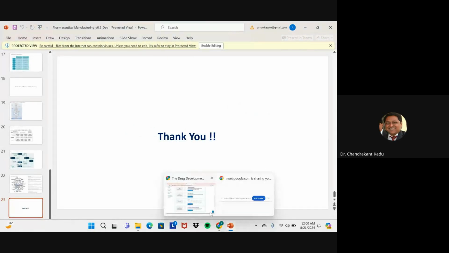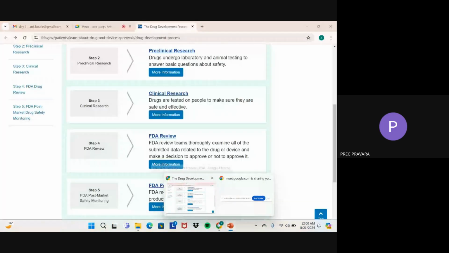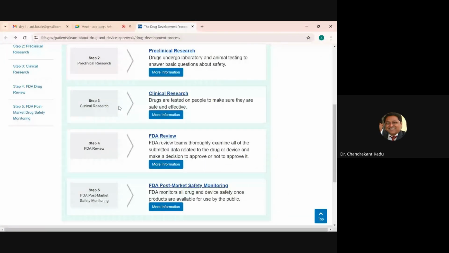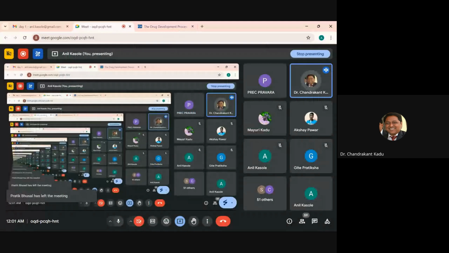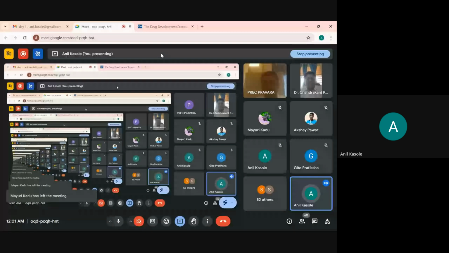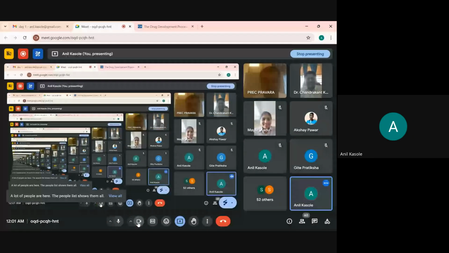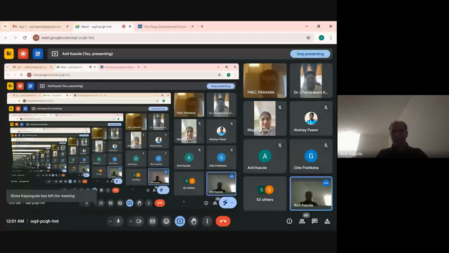We need to take a snapshot. Everyone, please start your video camera. Students, you are also requested to turn your video on. One sec, because I took another computer, multiple screens are there. Can you see me now, or is it dark?